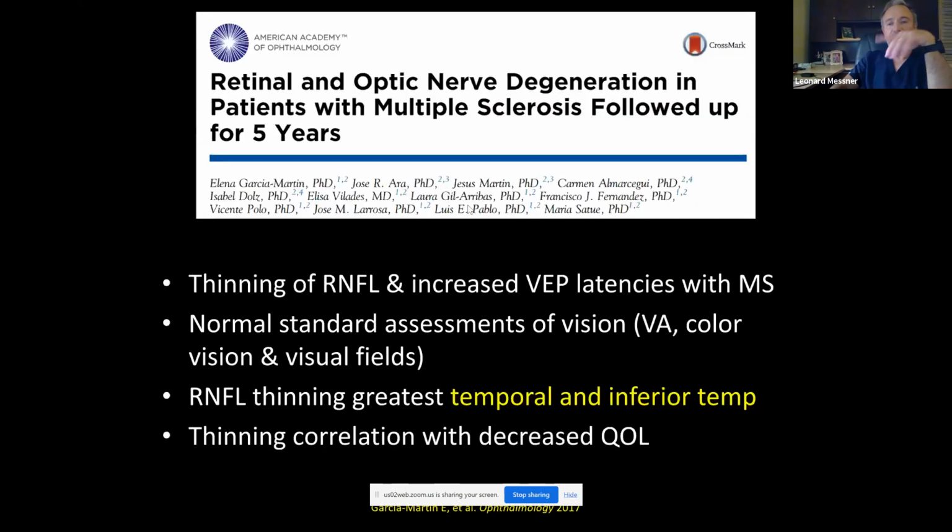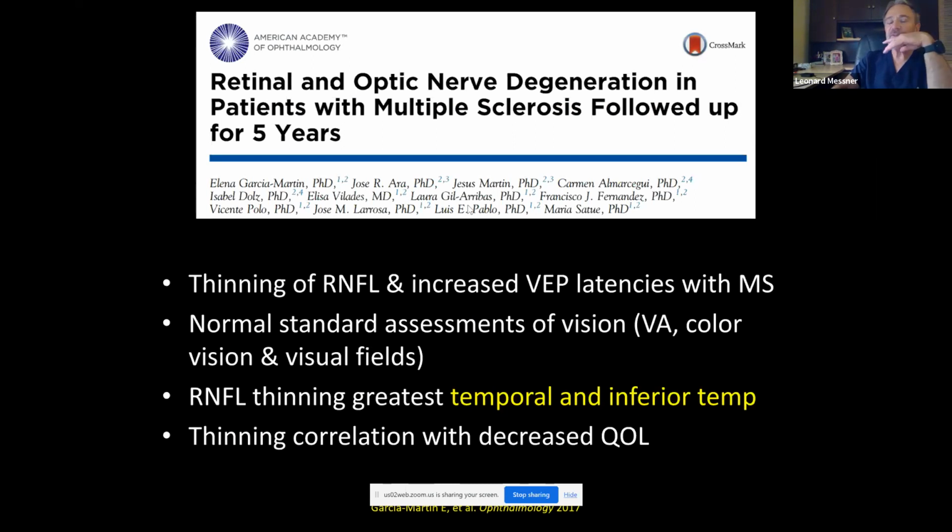Now, what do we know now? Well, if you're thinking of the retinal nerve fiber layer, to make this very, very simple, we look for temporal thinning or infratemporal thinning of the retinal nerve fiber layer, going along with global thinning of the ganglion cell layer, the ganglion cell complex.